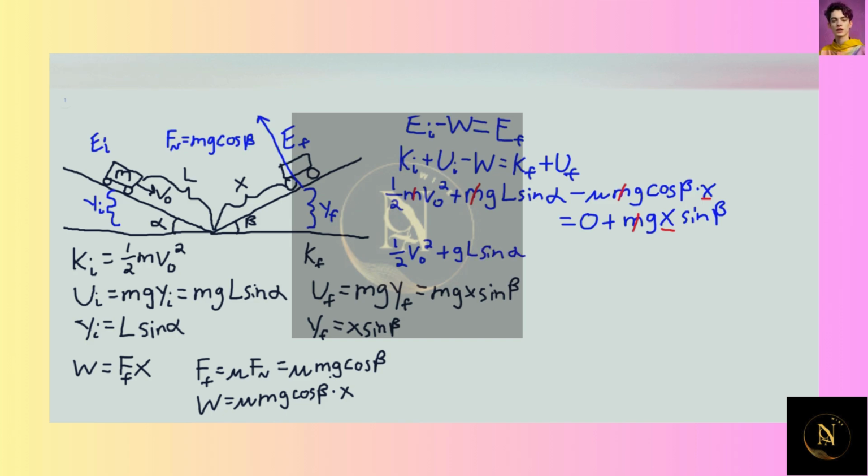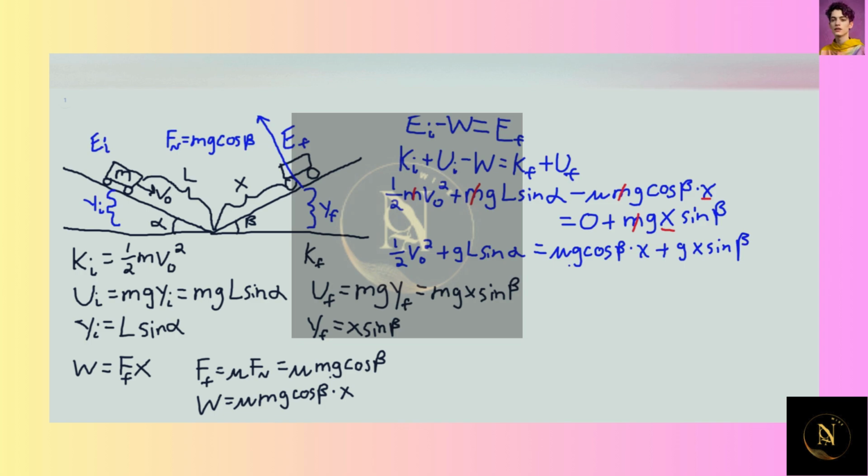And I'm going to move the work term over to the other side since I want to isolate x by itself. That's mu times g times the cosine of beta times x plus gx times the sine of beta.